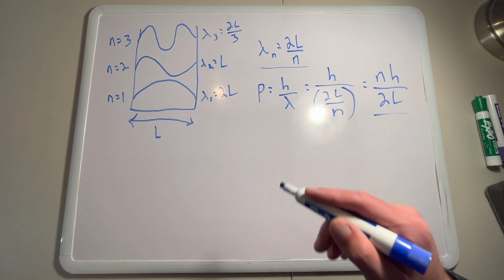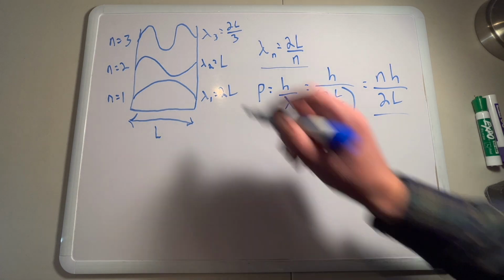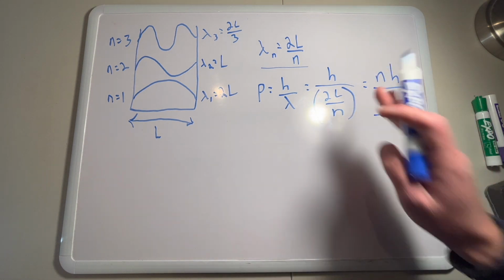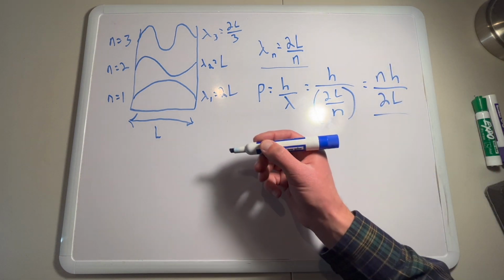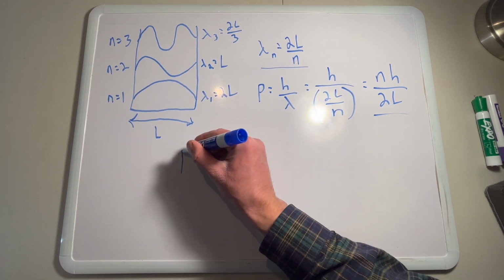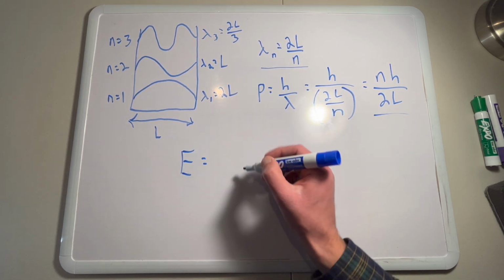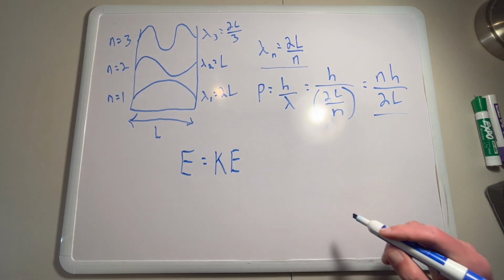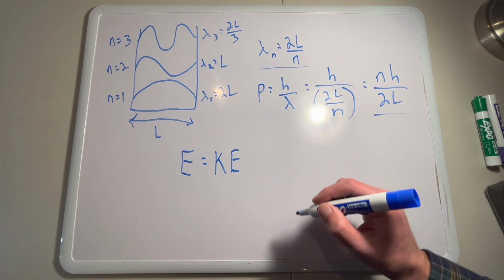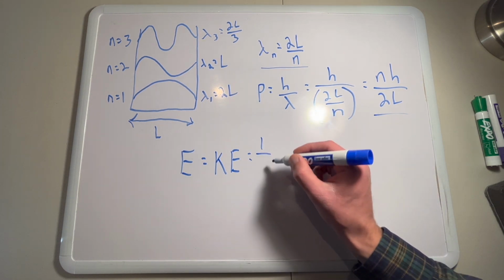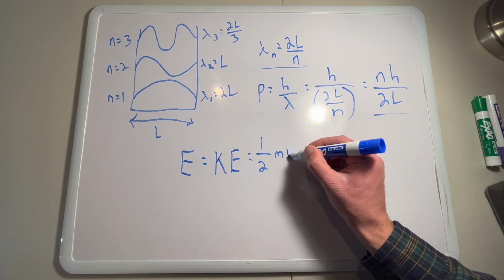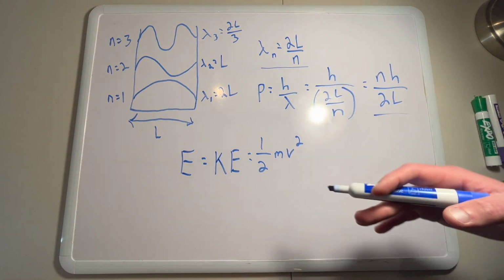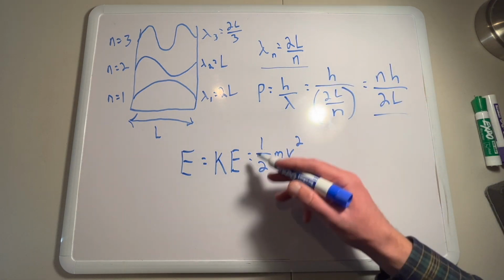Now we want to get to energy. And let's say inside our infinite square well, there's no potential energy. It's all kinetic energy. So what we're going to do is say our total energy is all the kinetic energy, which you may recall from the first video, is 1/2 mv squared, classical non-relativistic kinetic energy.